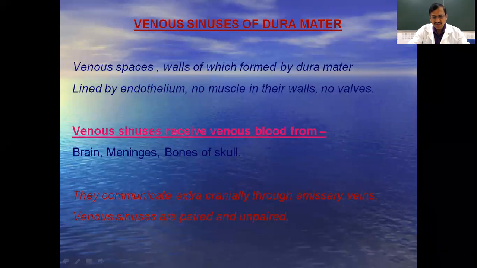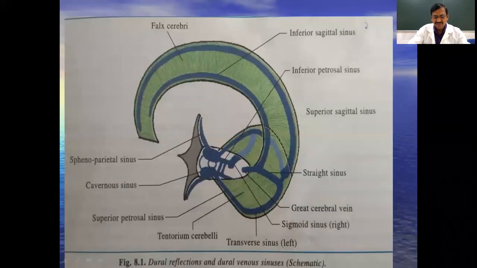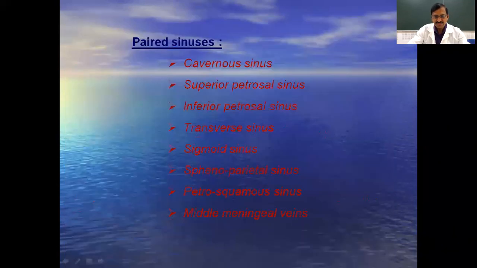We classify the venous sinuses as paired sinuses and unpaired sinuses. First, let us see the paired sinuses. What are the paired dural venous sinuses? They are the cavernous sinus, superior petrosal sinus, inferior petrosal sinus, transverse sinus, sigmoid sinus, sphenoparietal sinus, petrosquamous sinus, and middle meningeal veins.